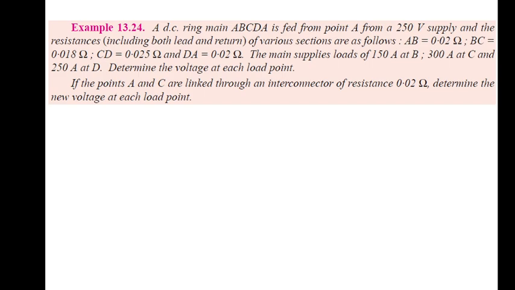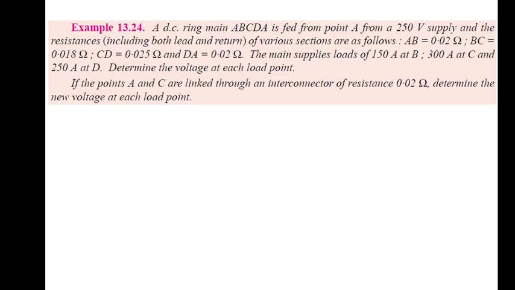Okay, this slide also presents a practical example of DC ring main distribution system analysis. It focuses on a closed loop network where power is supplied from a single point and distributed through multiple sections with given resistances.